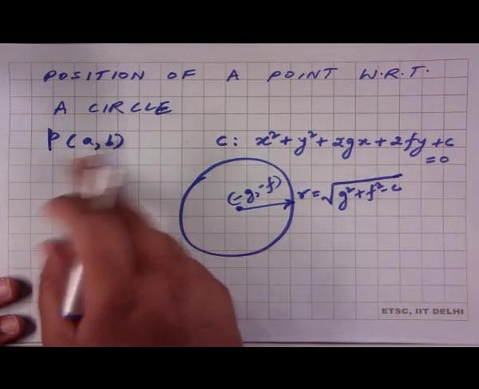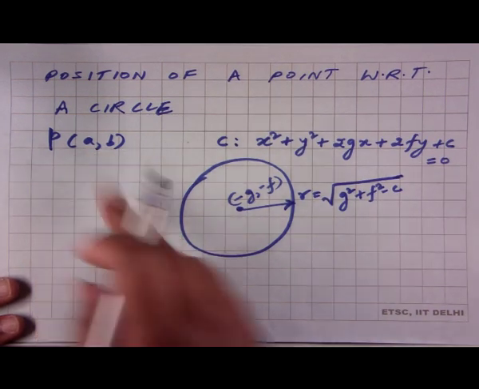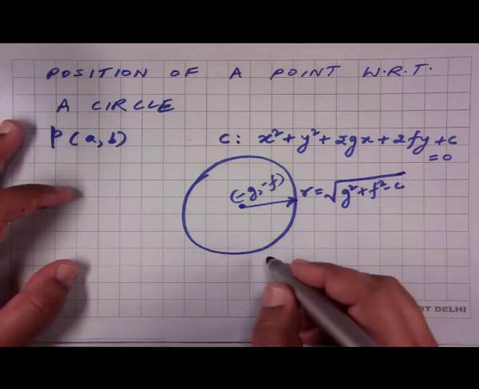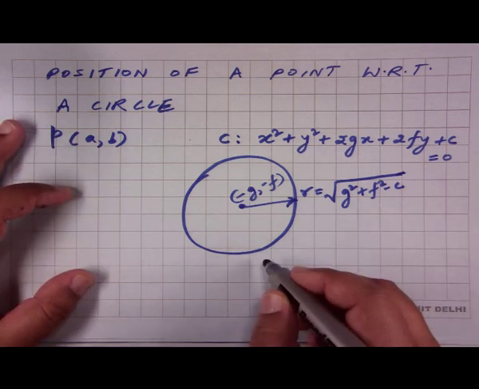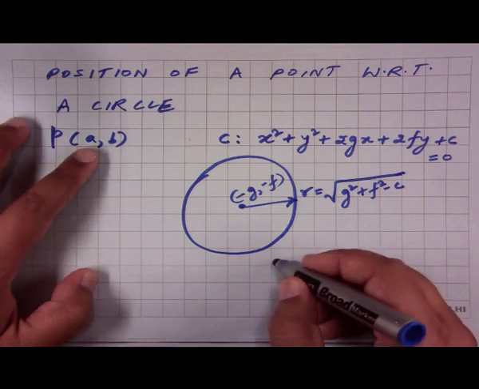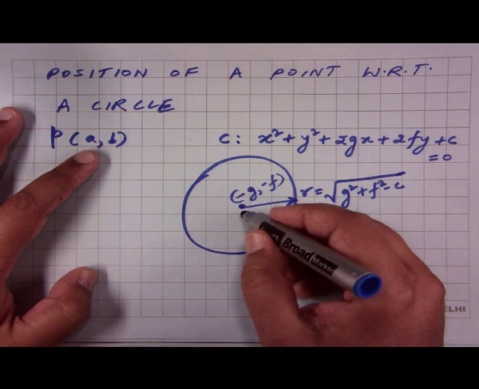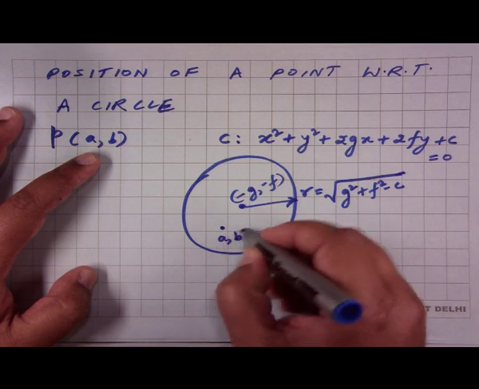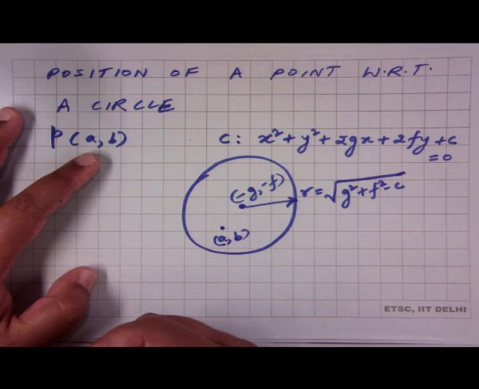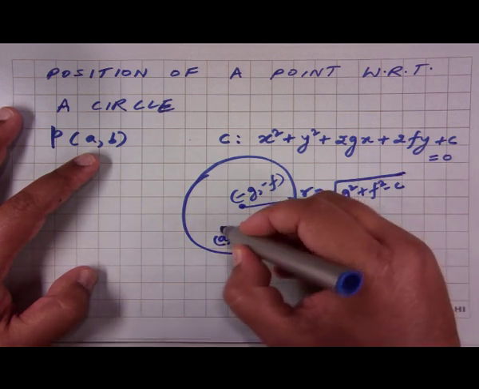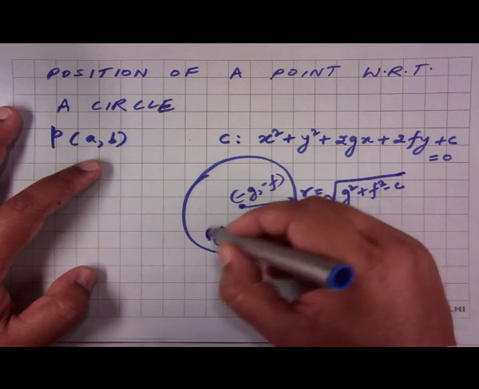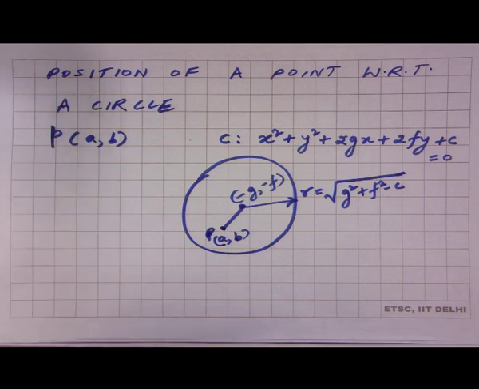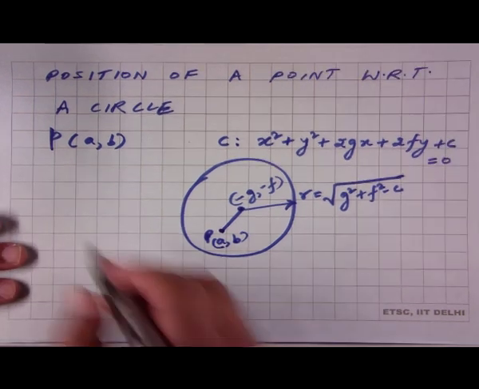Now, if this point a comma b is somewhere on this plane, and if it is inside this circle, let us say here, then it is clear that the distance between this point P and the center will be less than the radius r.